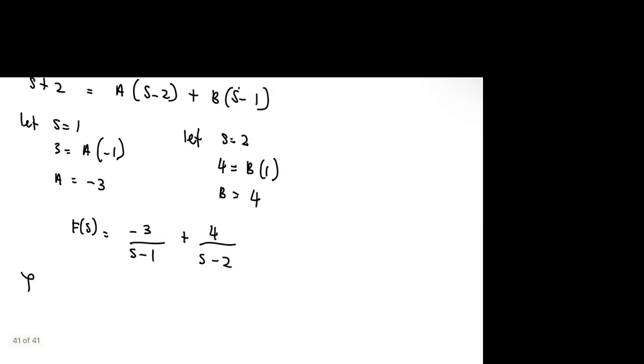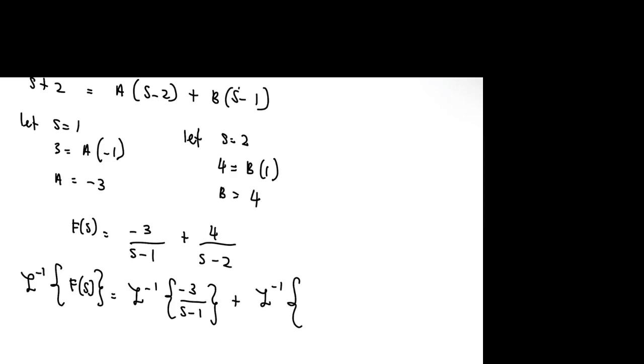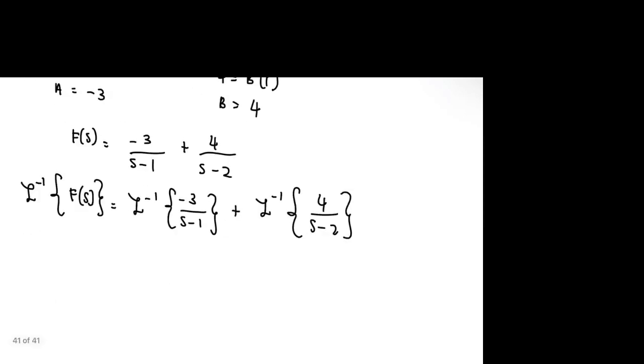So to find the inverse Laplace of F(s), this one is the inverse Laplace of minus 3 over s minus 1 plus the inverse Laplace of 4 over s minus 2. So minus 3, put outside. Here we have s minus 1, so put outside will be exponent t, the inverse Laplace of 1 over s.